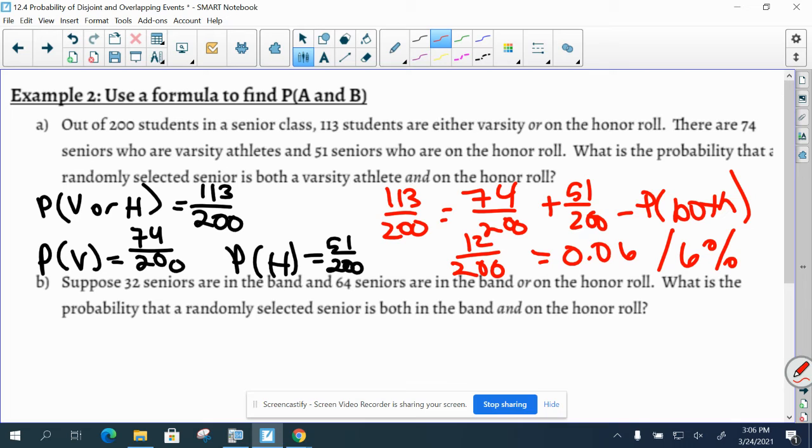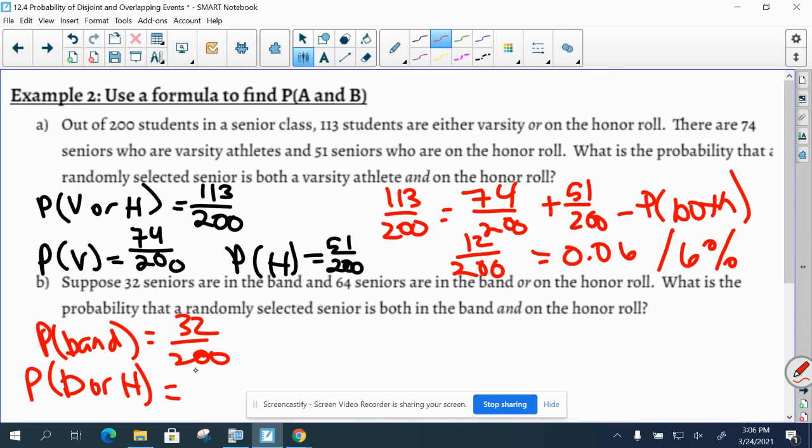All right, and then a similar question. Suppose 32 out of the 200 seniors are in a band. So the probability of being in band is 32 out of 200. 64 are in band or on the honor roll, so the probability of band or honor roll is 64 out of 200. What's the probability that a randomly selected senior is in both?